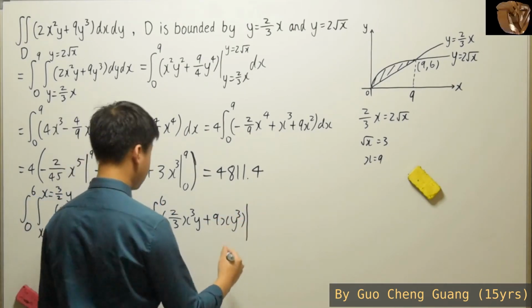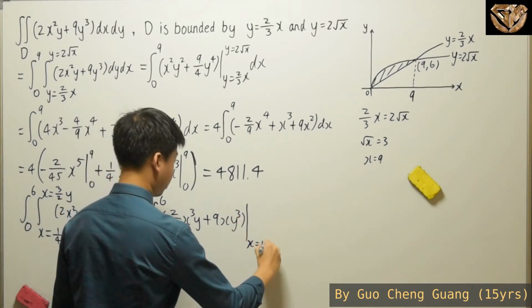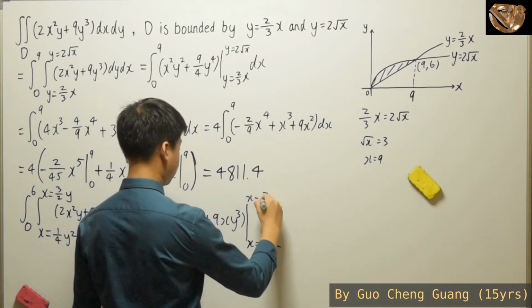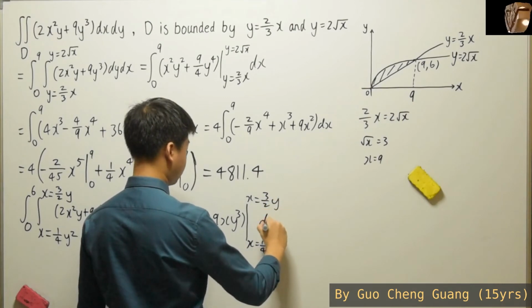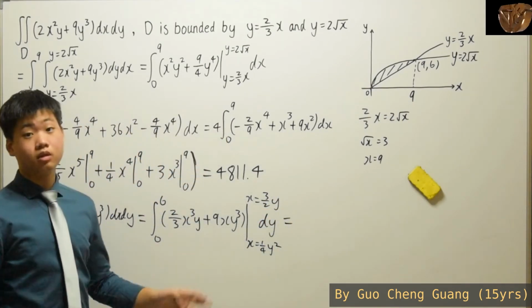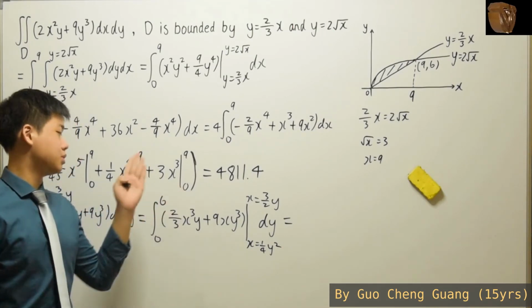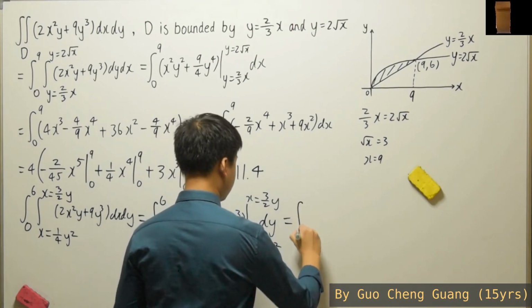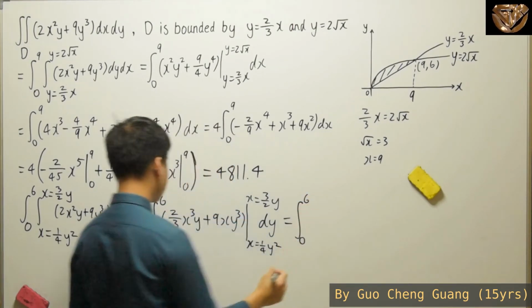Substituting the values, x is equal to 1 over 4 y squared and x is equal to 3 over 2 y. And then dy. Alright, so afterwards, then it will be pretty much simply just substitute in the two values that you have for each of them. So integrate from 0 to 6.